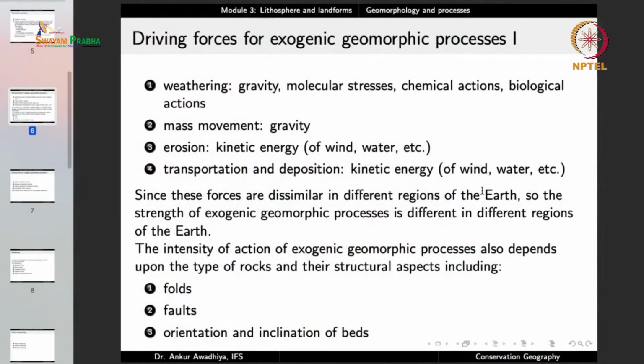Not only that, the intensity of action of the exogenic geomorphic processes also depends upon the type of rocks and their structural aspects. So when you have the same water that is acting on different rocks, it is possible that one rock degrades faster, the other rock degrades at a slower speed. And so the action of these exogenic forces is different everywhere on the earth.